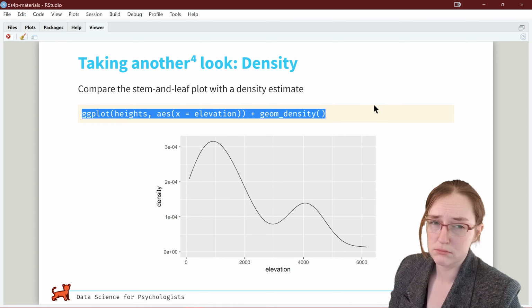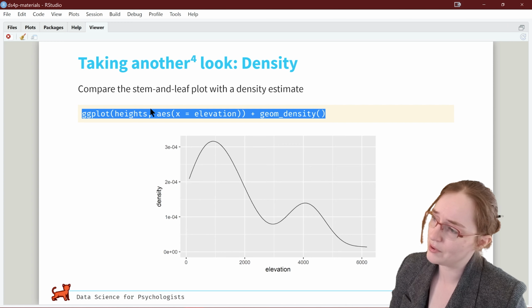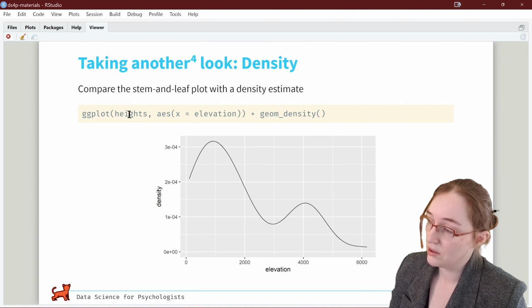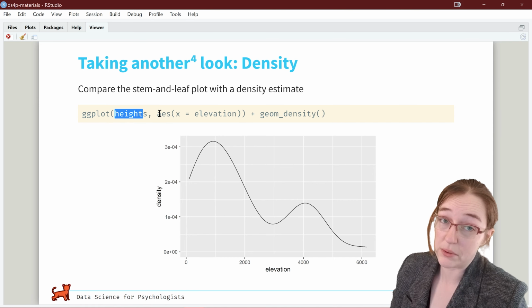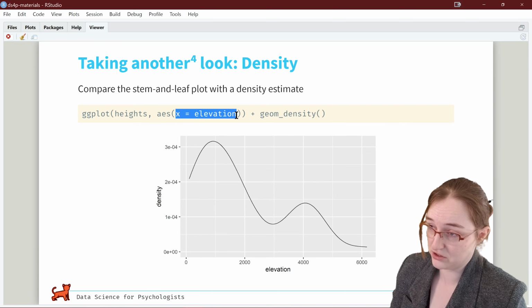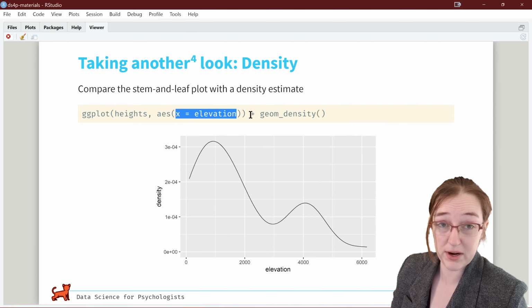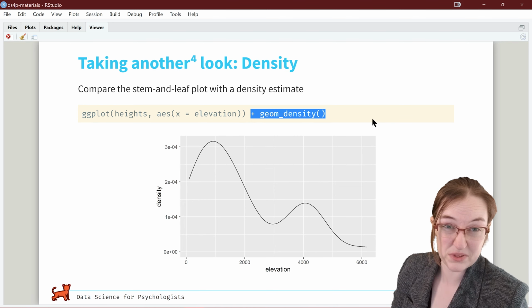Anyway, we'll go through and break down all these little pieces. But here we're applying ggplot to our dataset heights, and what we want to plot in terms of the aesthetic is elevation. And we want to apply geom density.